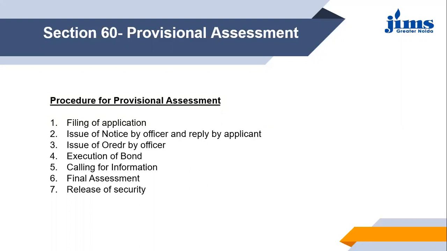So for his application, the proper officer has now allowed him to pay the tax on a provisional basis, indicating the value or the rate or both on the basis of which the assessment is to be allowed provisionally. Whatever value of goods or rate has been taken, on that basis the provisional tax liability will be decided, along with the amount for which the bond is to be executed.